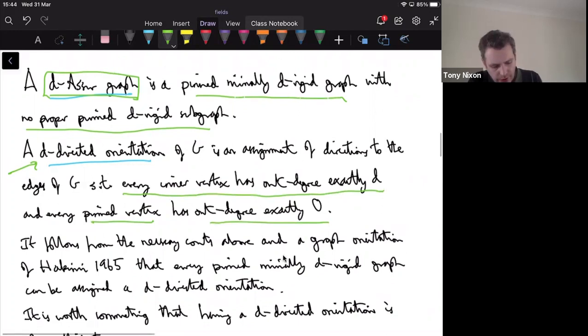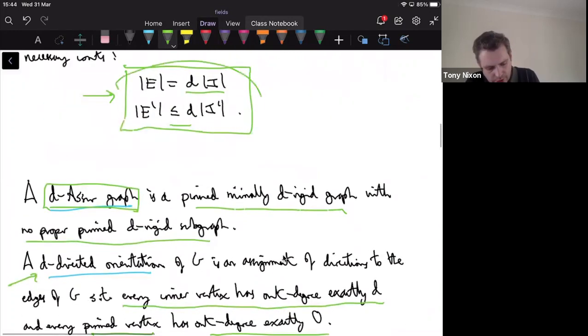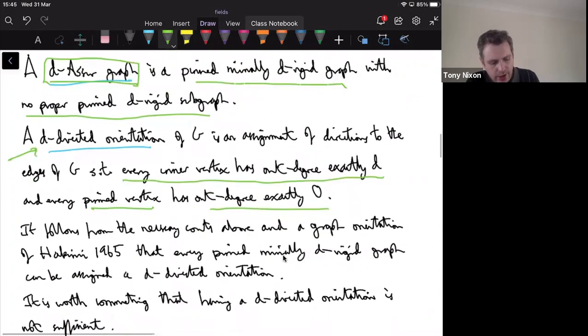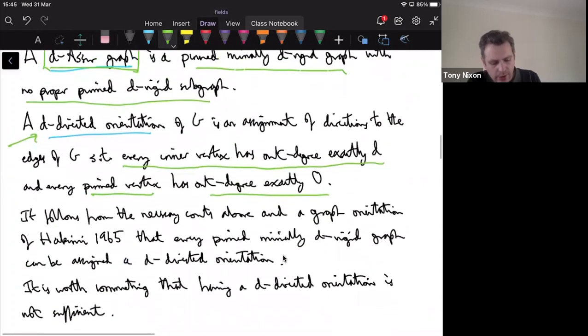This condition allows me to guarantee that a minimally pinned d-rigid graph can be assigned one of these orientations. There is graph orientation theory that several papers prove, but the earliest one that I'm aware of is Hakimi in the 60s.